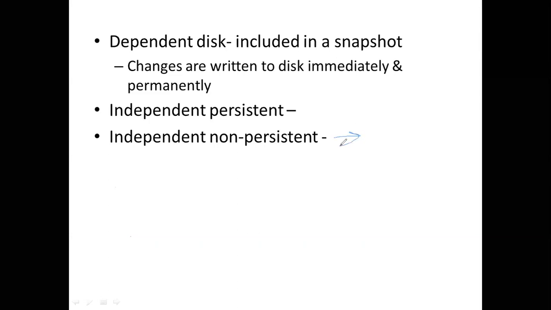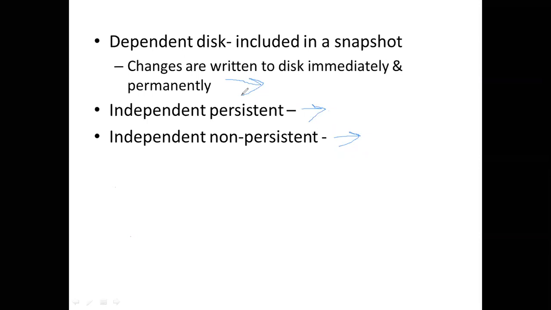So here we discard the disk after the VM is restored. Here we write changes immediately and permanently, but it's not affected by snapshots. Here we write changes permanently and immediately, but it's also affected by snapshots.